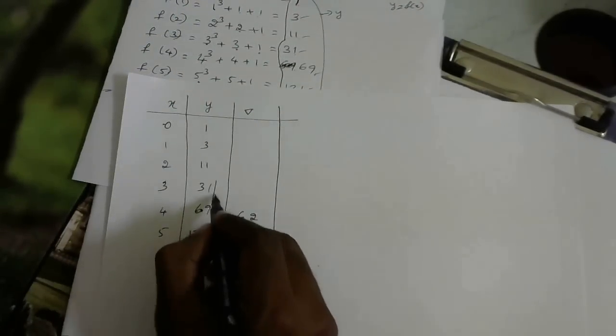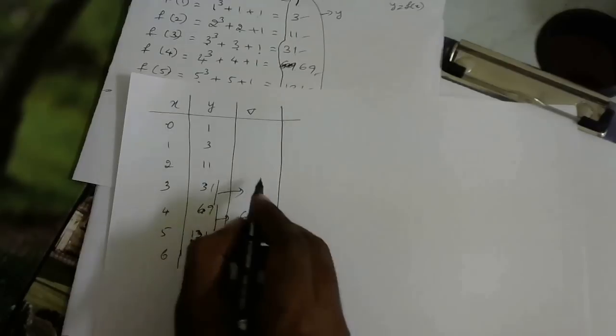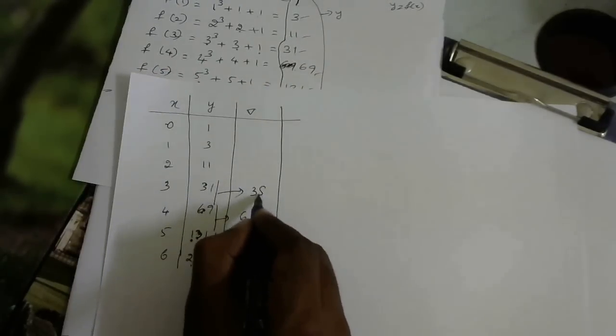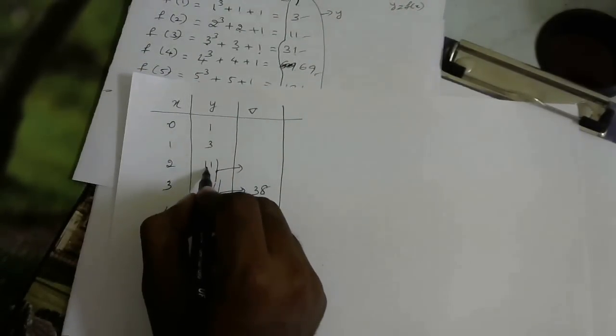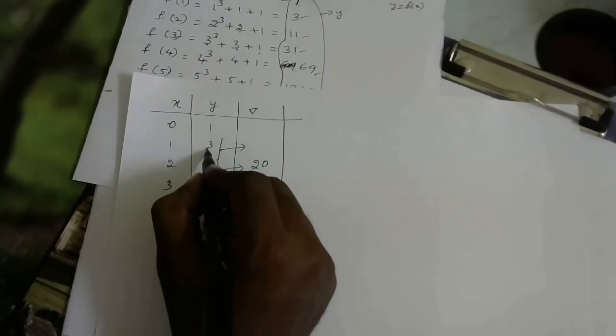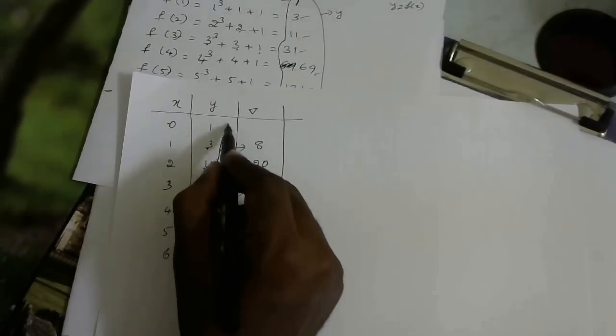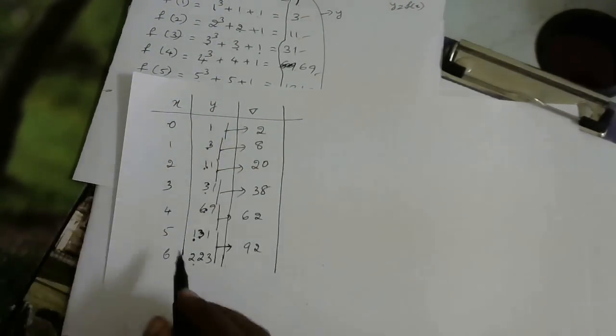And here 69 minus 31, how much do you get? 38. And here 31 minus 11, we get 20. Here 11 minus 3, we get 8. And here this difference, 3 minus 1, we get 2.